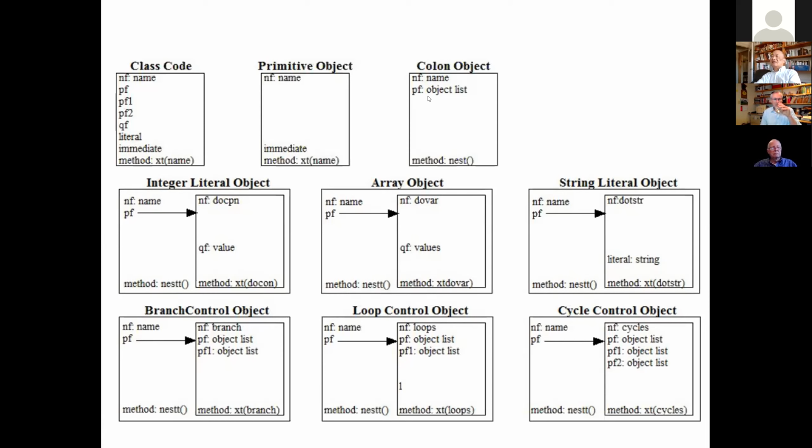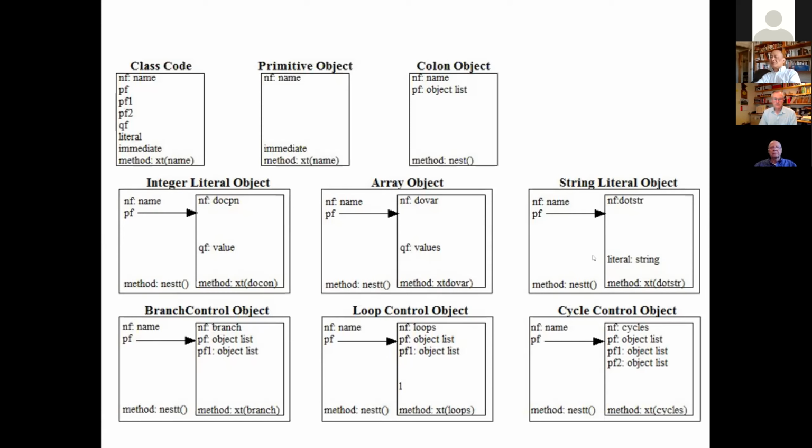Inside this object list, you generally have all the primitive objects and other colon objects. The colon objects in the list can also have integer literal objects, array objects, string objects, branch objects, loop objects, and cycle objects.